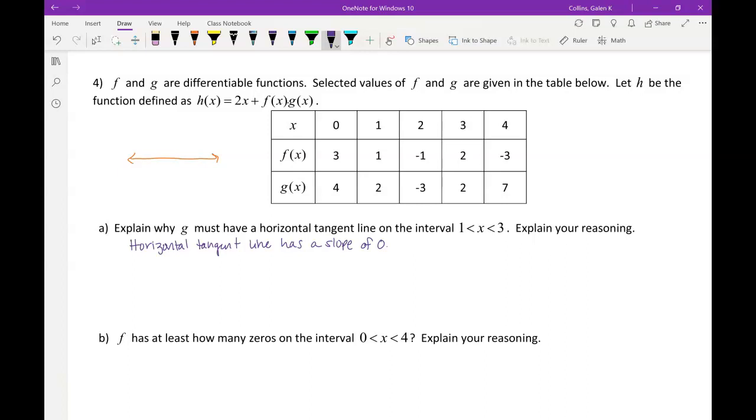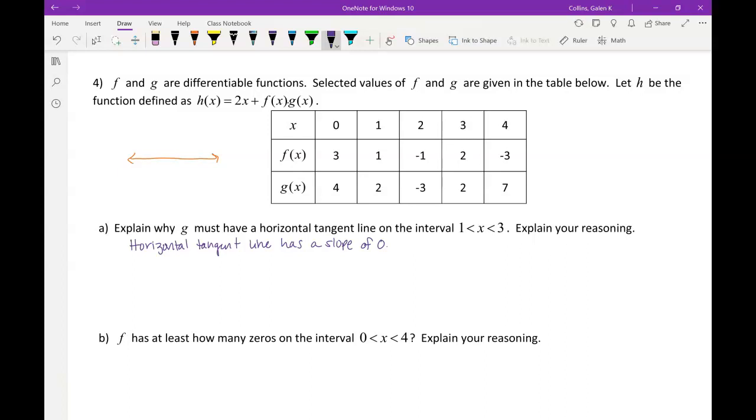So again, if I go back and think about this problem, it is telling me that the function g must have a tangent line at some value x between 1 and 3 where the slope of that tangent line, aka the derivative, equals 0.